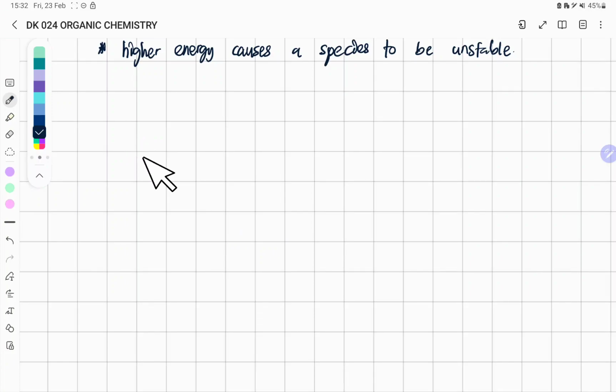Kalau kita tengok primary carbocation, so CH3, so I'll just do a simple table.